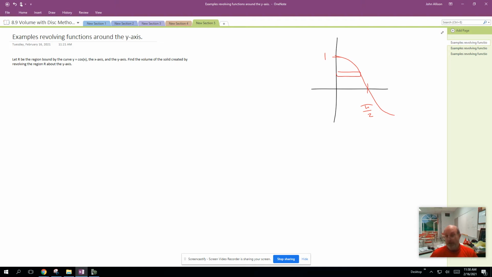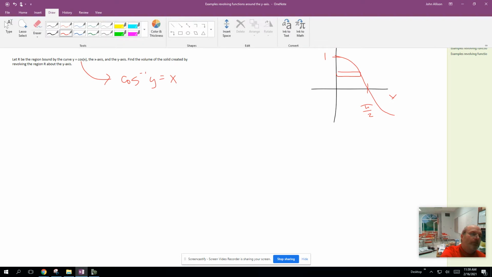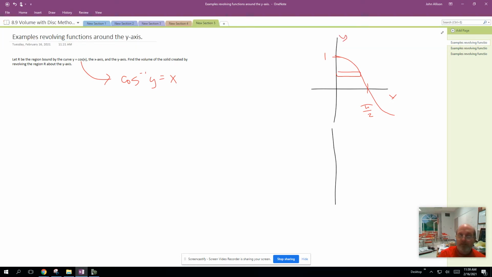Now, again, since this is our x and this is our y, we're going to solve that equation when we're revolving about the y-axis, just like we did when we had the cross sections. So I'm going to solve this for y, and I'm going to take the cosine inverse of both sides and get cosine inverse y equals x. Then I'm going to sketch that graph with y as my independent variable. This is now the y-axis.